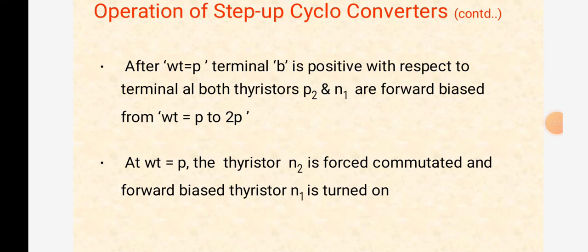Both thyristors P2 and N1 are forward biased from omega t is equal to pi to 2 pi. Here at omega t is pi, the thyristor N2 is forced commutated and forward biased thyristor N1 is turned on.